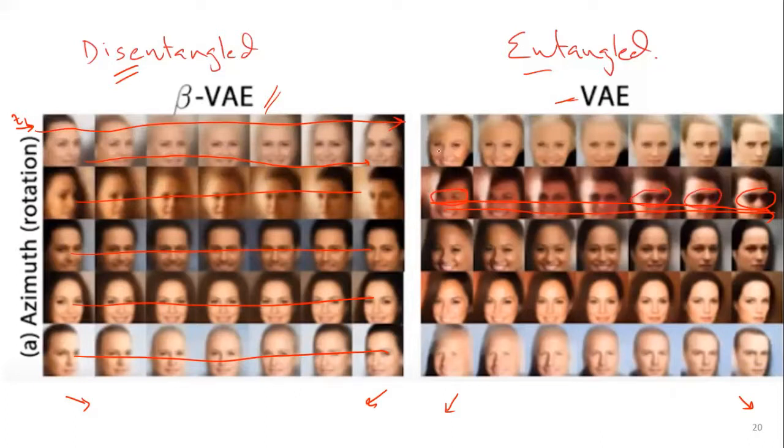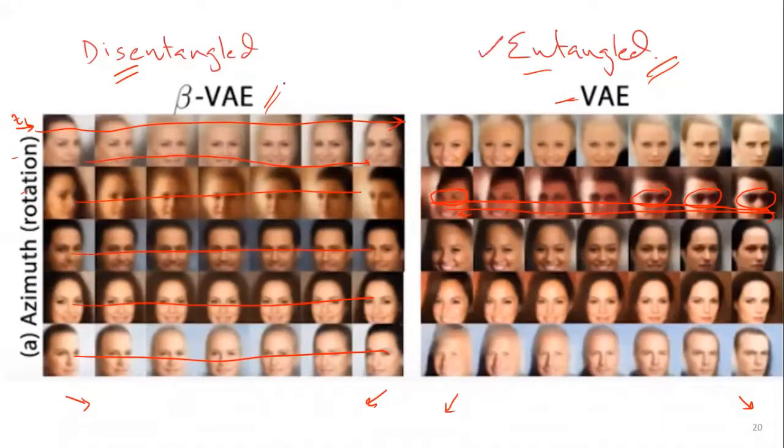Even though only one particular parameter was changed, in the entangled version not only does the face direction change, but other parts of the facial features change too. That's because it's entangled.